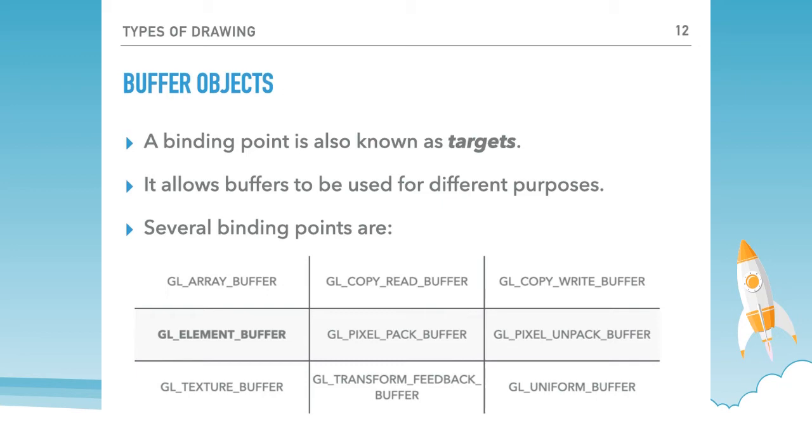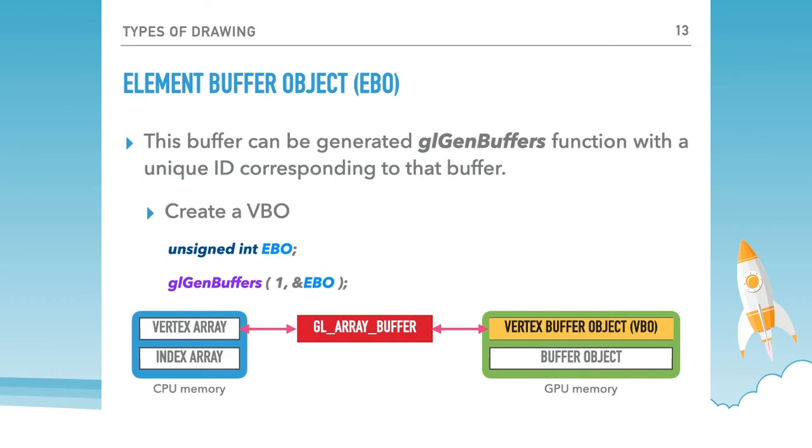Now, in order to work with the element or the index drawing, we have to bind the buffer object to another target we call GL element buffer. This buffer will serve as the index storage. It can be generated using the glGenBuffers function with a unique ID corresponding to that buffer.